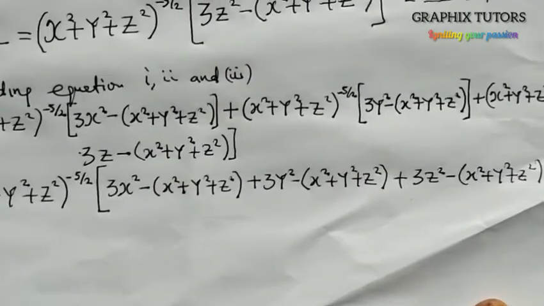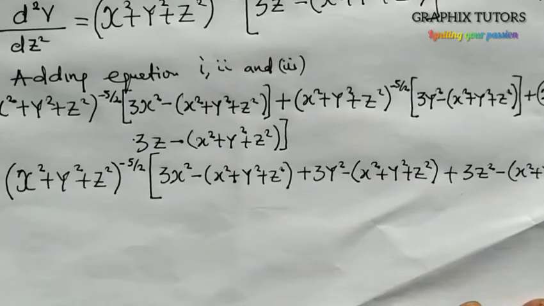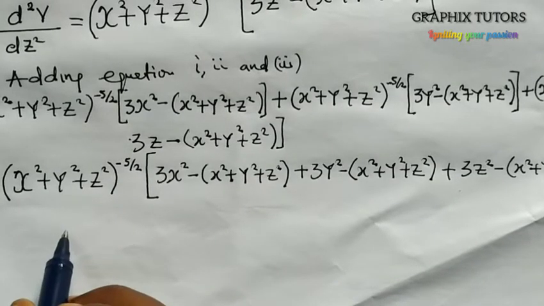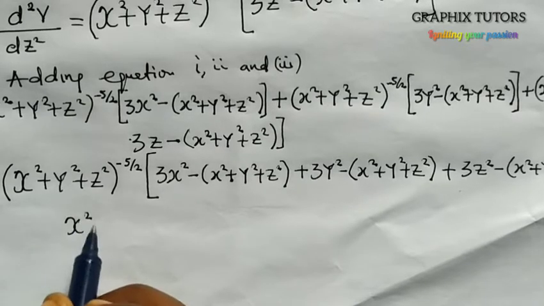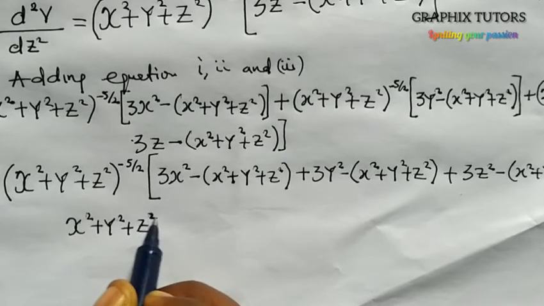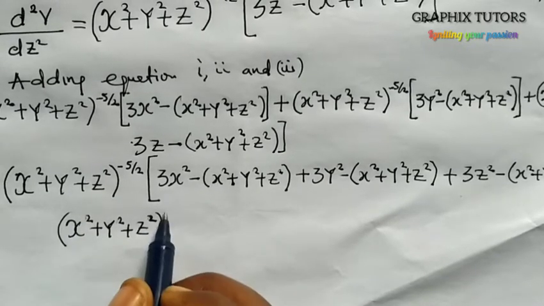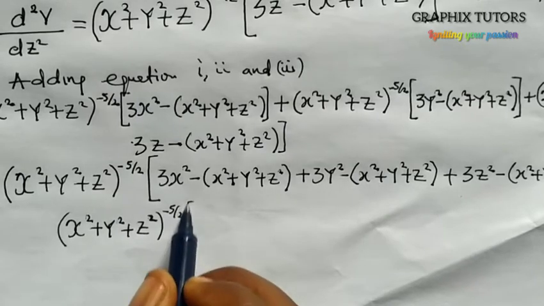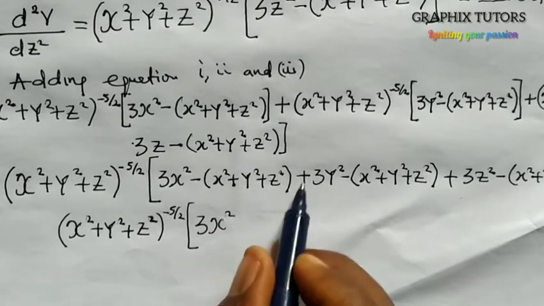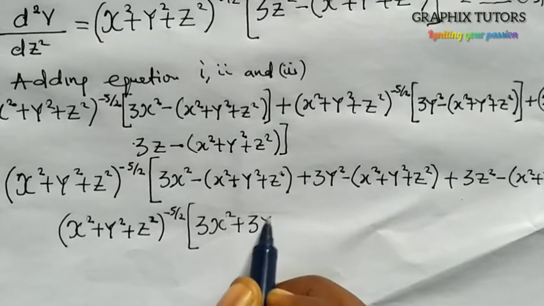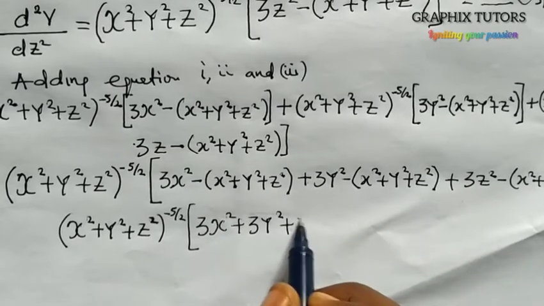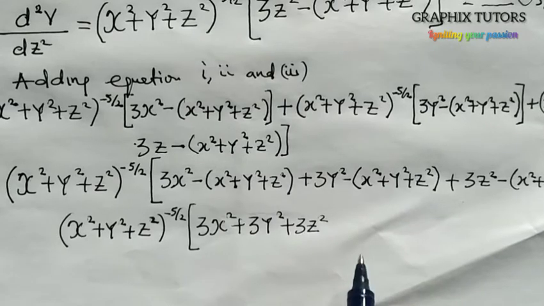So what are we doing? We have just successfully factorized. So from here, if you collect like terms, I'll have x squared plus y squared plus z squared, close the bracket, to the power of minus 5 over 2. Opening up, 3x squared plus 3y squared plus 3z squared, right?